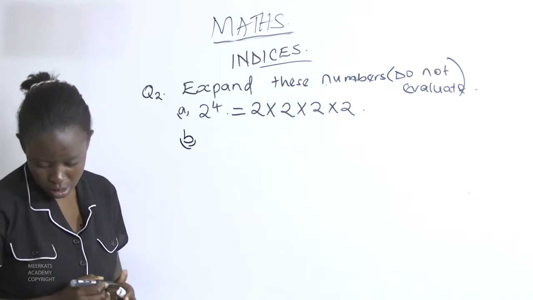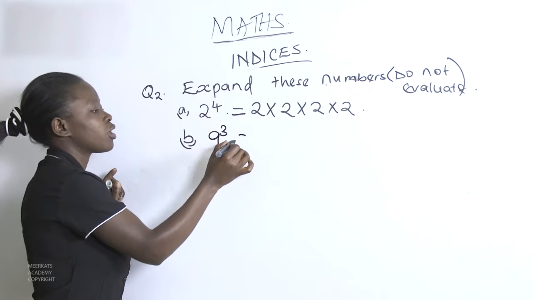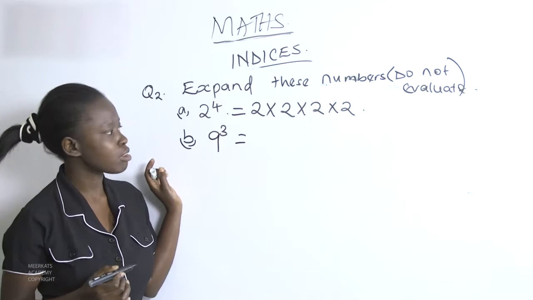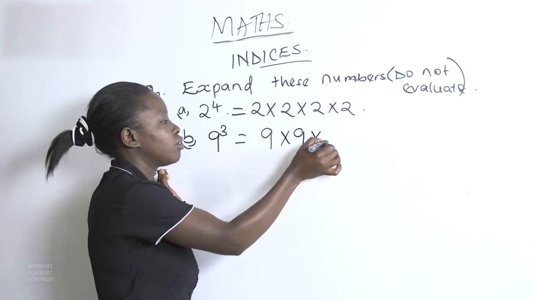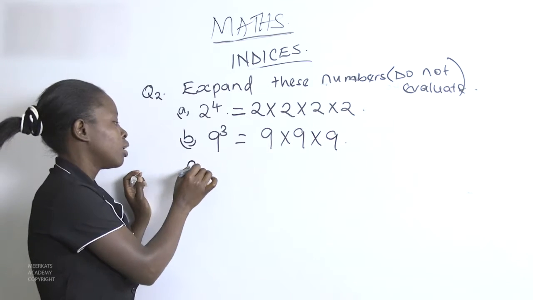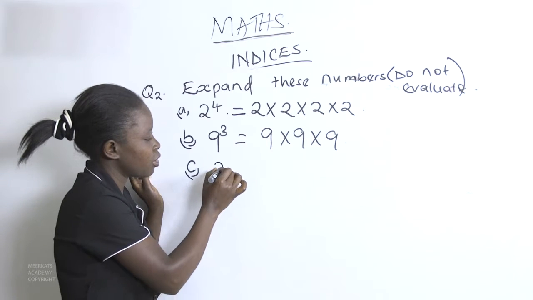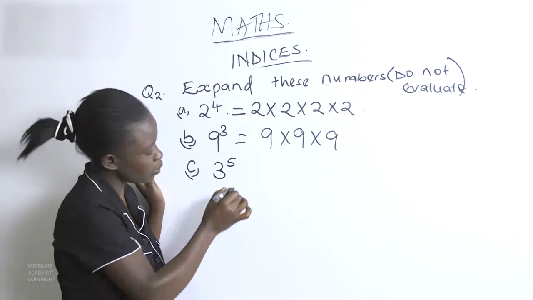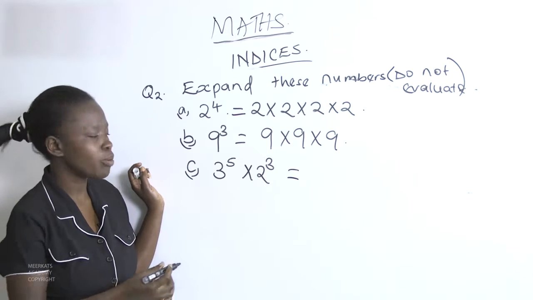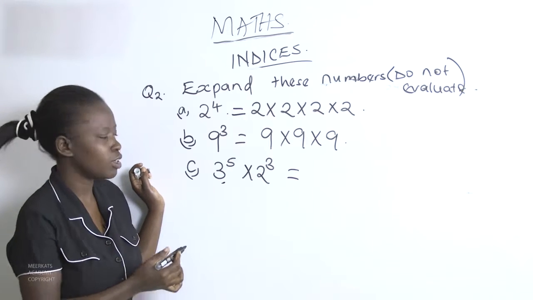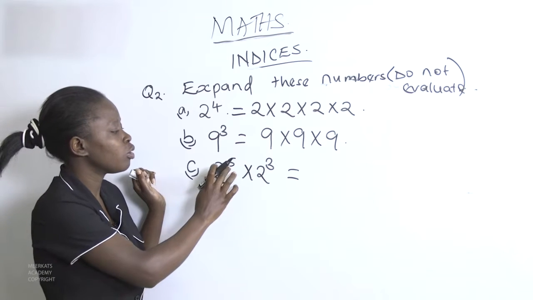The second question we have 9 to the power of 3. It means that our 9 is repeated 3 times. So we write 9 times 9 times 9. Another number we have is 3 to the power of 5 times 2 to the power of 3. So the first number we have is 3 to the power of 5. It means that my 3 has been repeated in multiplication 5 times.